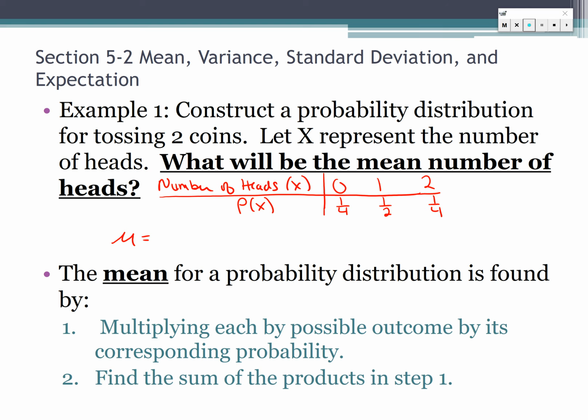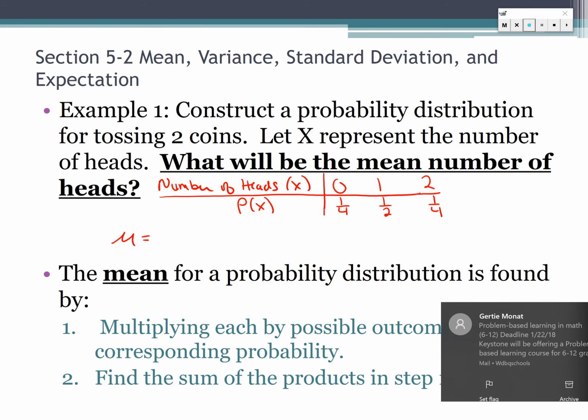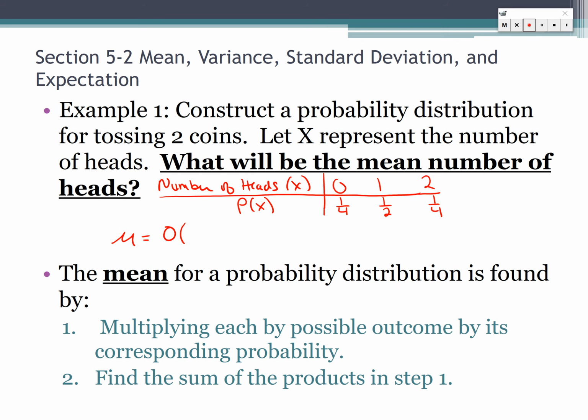First possible outcome is a 0 times its corresponding probability. So if we had 0 heads, we look at our distribution, the probability corresponding to that was a fourth.